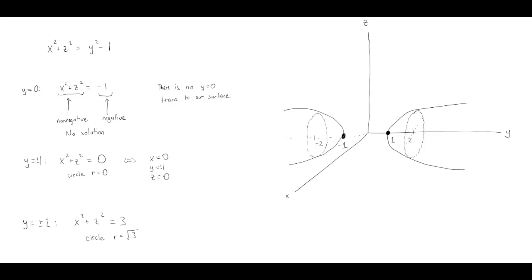And earlier we noted that when y equals 0, there was nothing. That's why you can see in the picture there's a gap in between these two things. So this kind of surface, we call it a two-sheeted hyperboloid.